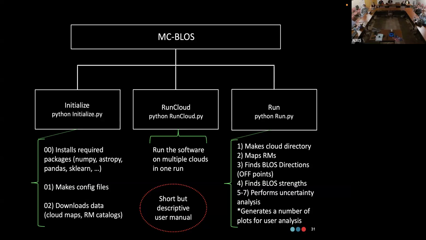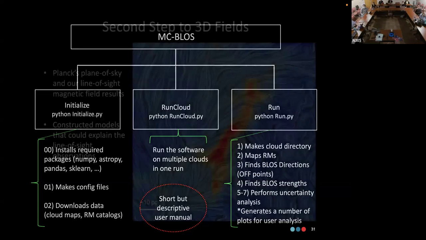And this can be done on many molecular clouds with one single run using this command that I've listed here. So we've tried to keep the user manual short. It's only 7 pages, so short but descriptive, and the paper is also on arXiv as well.